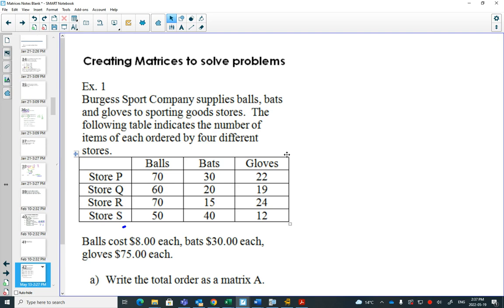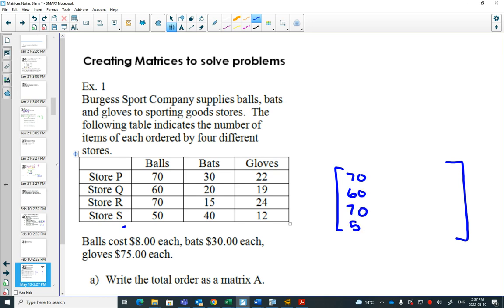So we could, if we wanted to, and we will, make this into a matrix. And the matrix will look very similar to what we had to begin with.